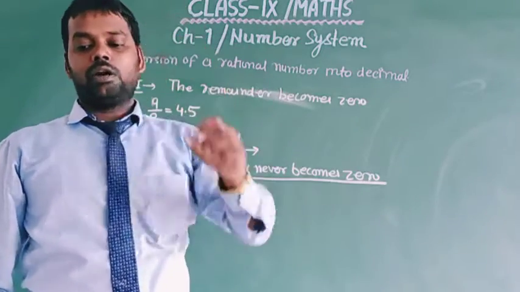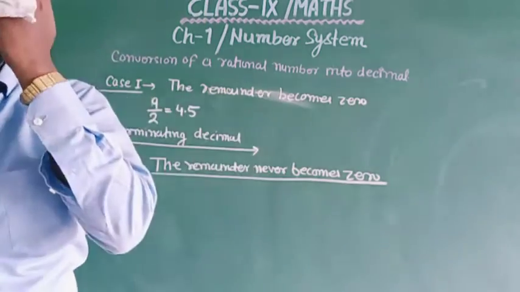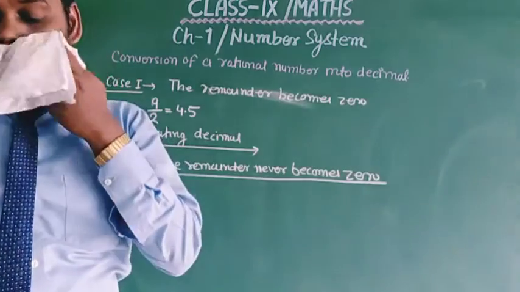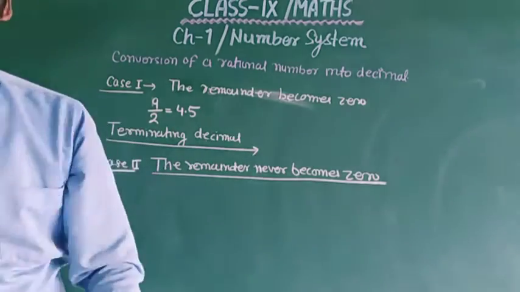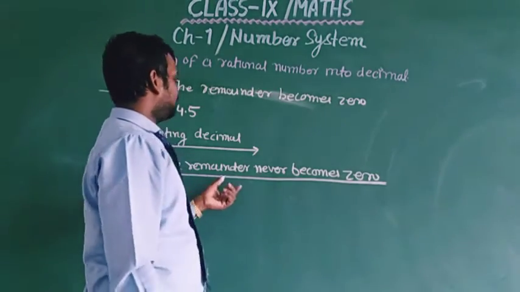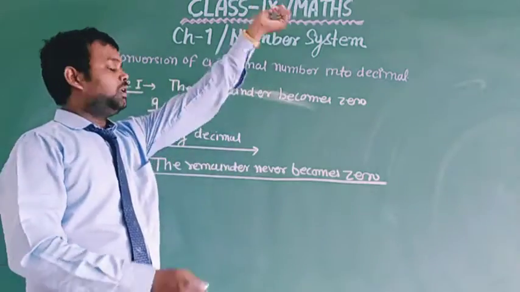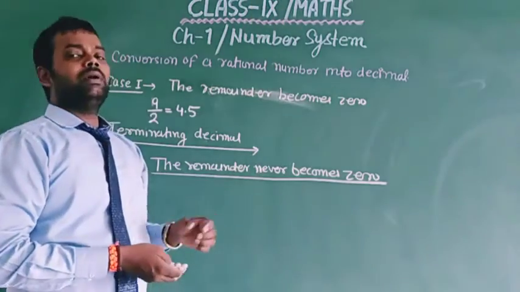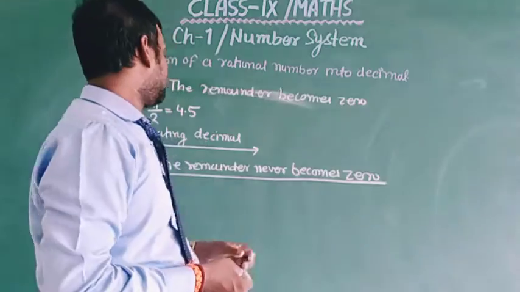In a non-terminating decimal expansion, the remainder never becomes zero in any number of steps.